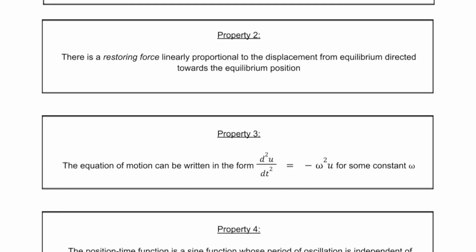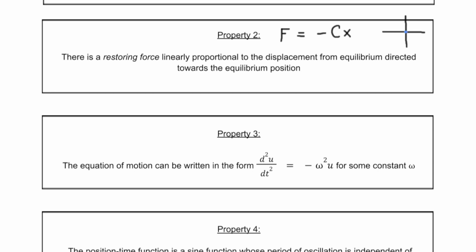Second property, there is a restoring force linearly proportional to displacement that's going to send you back to the equilibrium position. So this would be force is equal to some negative constant times your displacement from zero. And what this one looks like is just our graph, meaning that, well, if you're at zero, there's no restoring force.